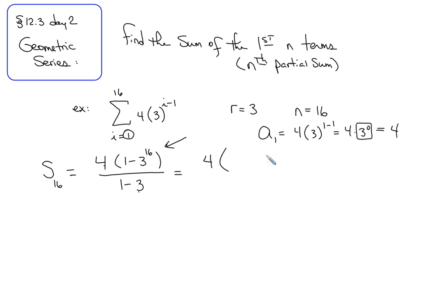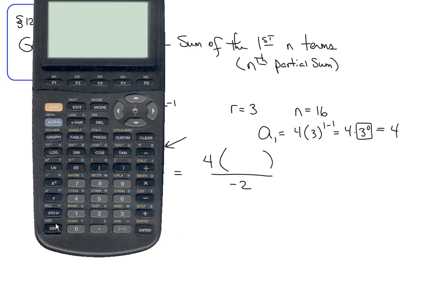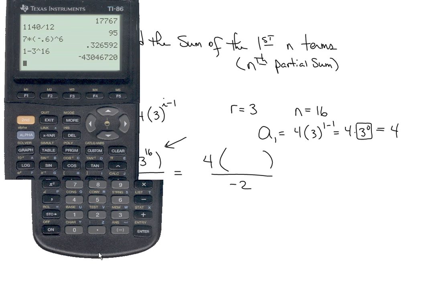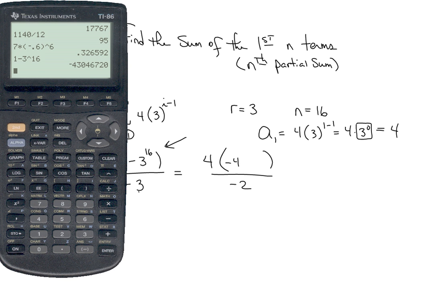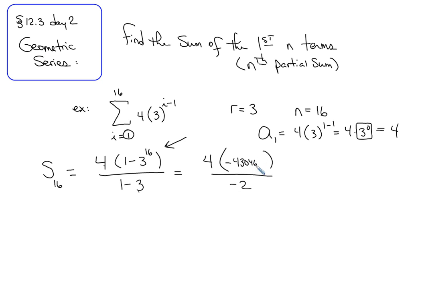So this is 4 times, over negative 2. Let me get my calculator. I want 1 minus 3 raised to the 16th power, which is negative 43,046,720. A huge number, right?